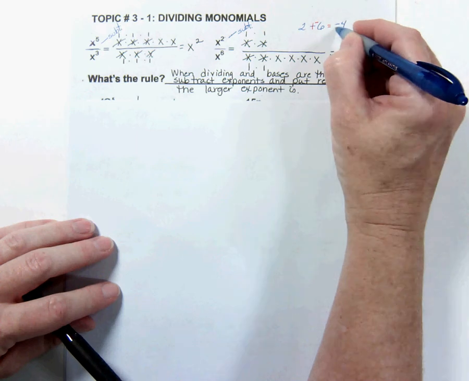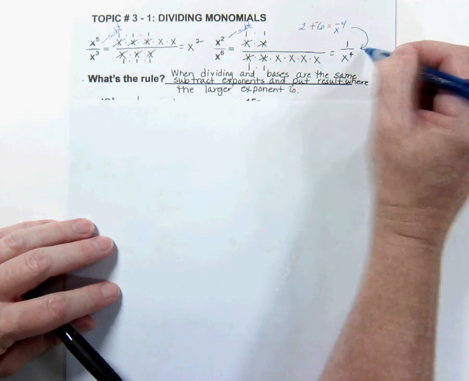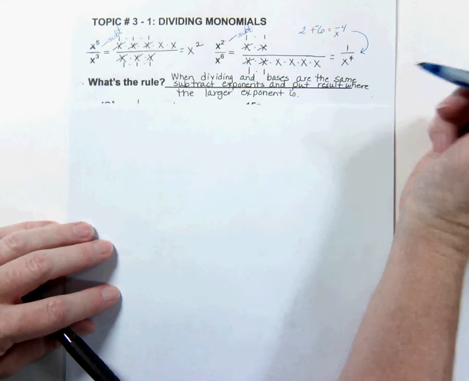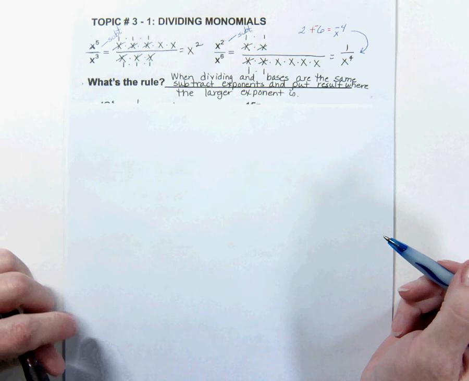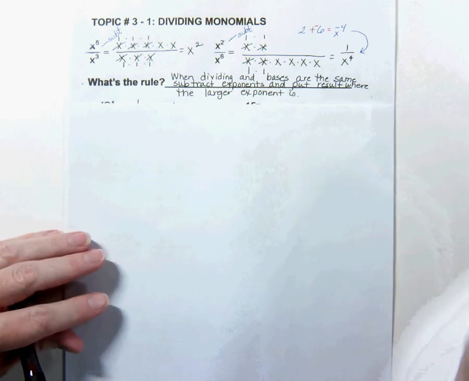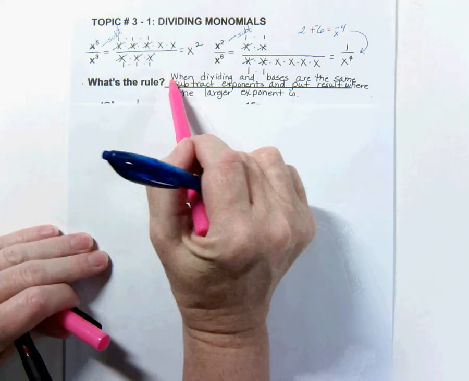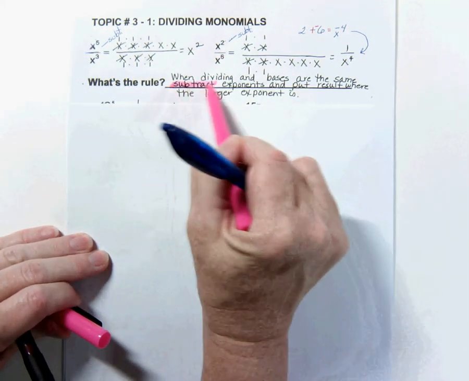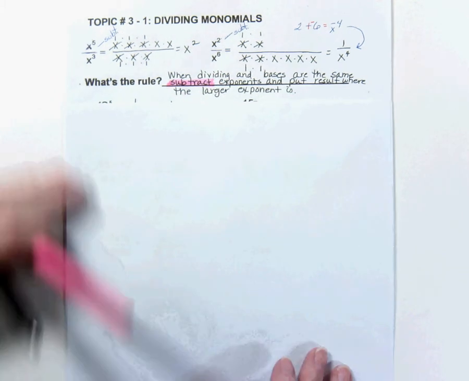So x to the negative 4 would be written like this. Okay, so the rule is when dividing and bases are the same, subtract the exponents and put the result where the larger exponent is. So to highlight the word when you're writing this in, just make sure you're remembering that you're subtracting your exponents in division.